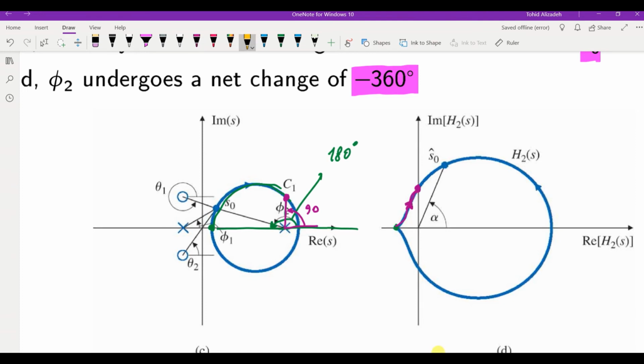And then if we continue to move on the contour C1, the angle that we get will be equal to 0 degrees, and that will be this point.